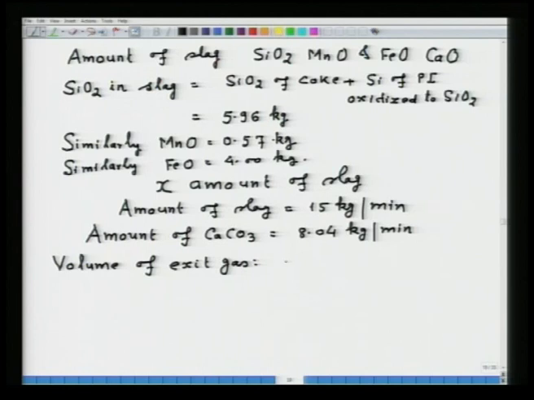Here, let us consider now say x kg mole CO and y kg mole CO2. So, let us do first of all carbon balance.